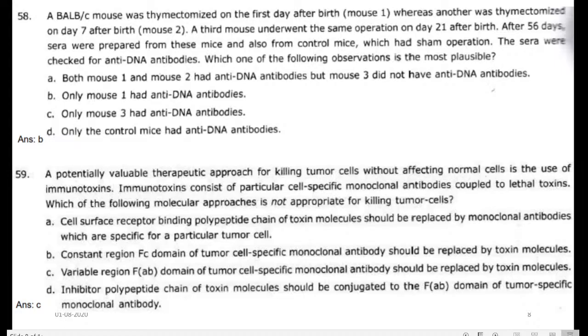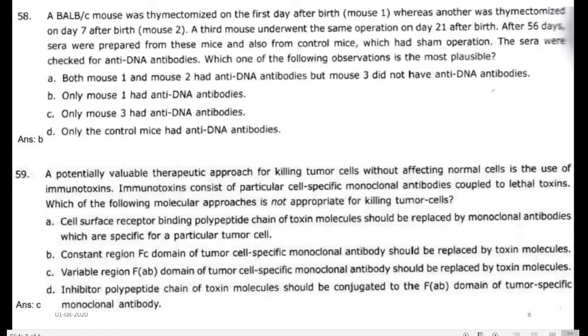A third mouse underwent the same operation on the 21st day.